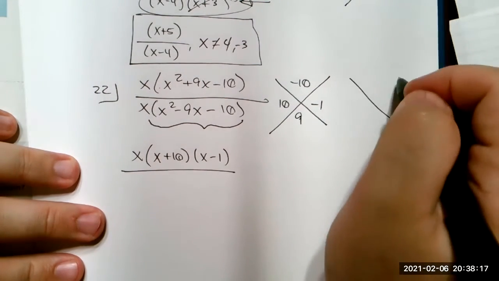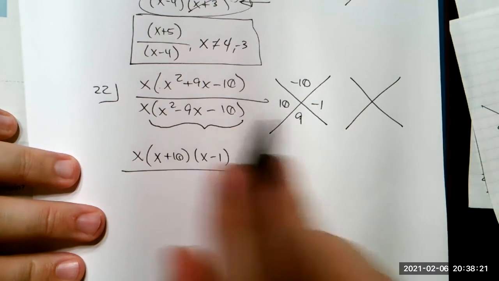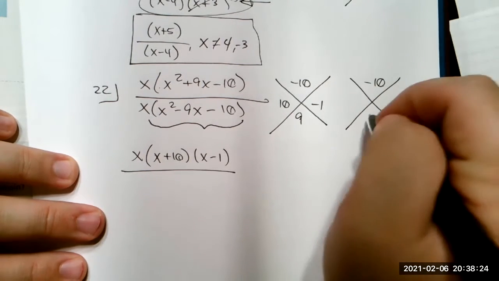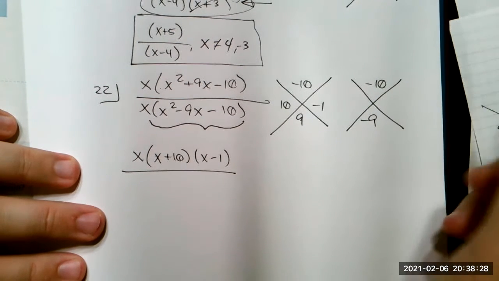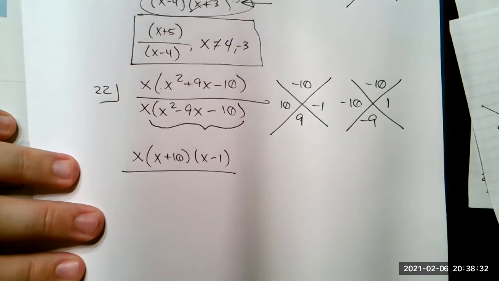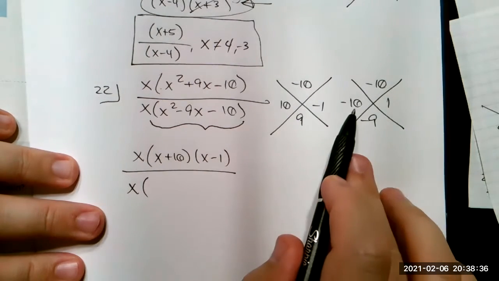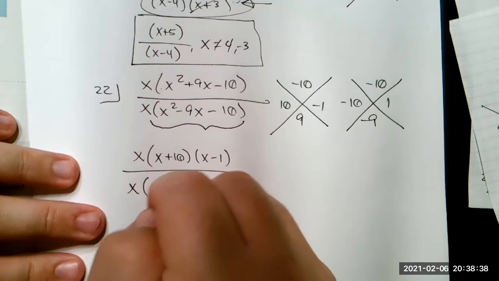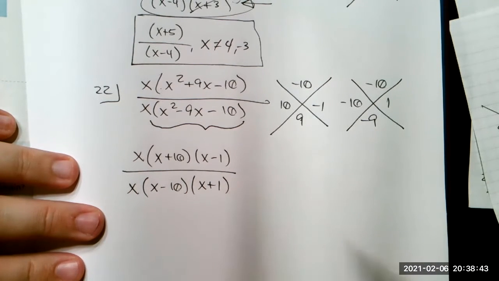And then the second x, a is 1, b is -9, c is -10. So a times c at the top, b down below. 2 numbers that multiply to -10 and add to -9 are -10 and 1. So I still have that x that I factored out down in the denominator. That's a -10, so it's going to be x minus 10. That's a +1, so it's going to be x plus 1.